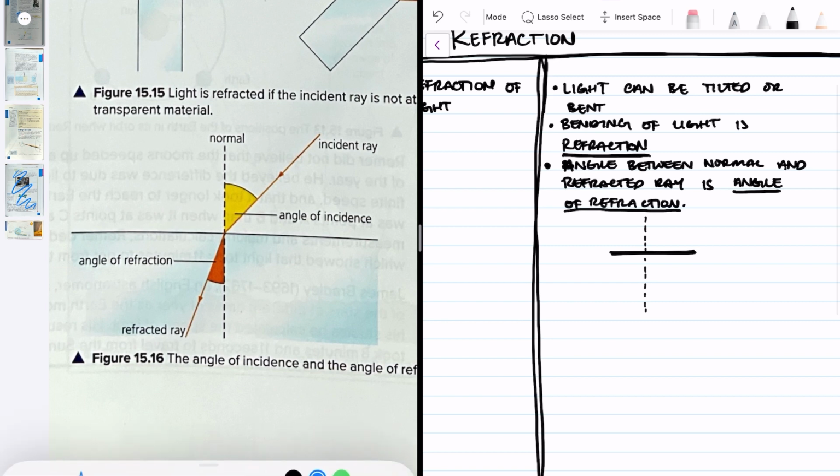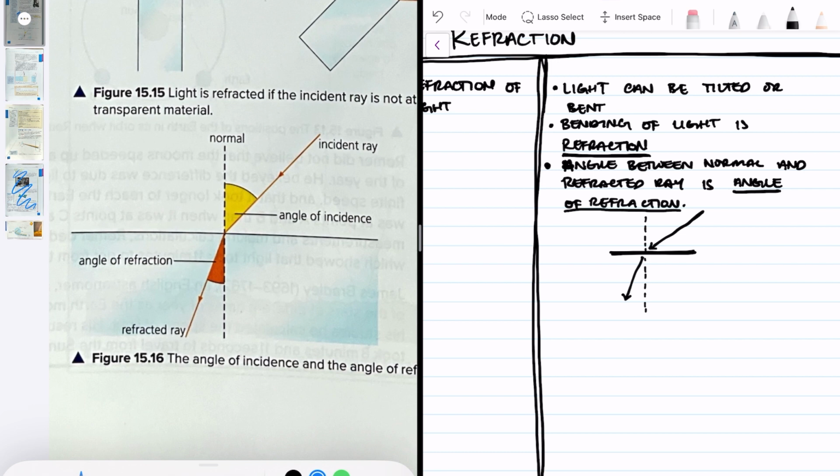So now there's this ray of light, and they call that the incident ray. The incident ray is the original source of light. When it passes through this prism, or a water surface, whatever that is, it bends it. So that's what's happening with the light.